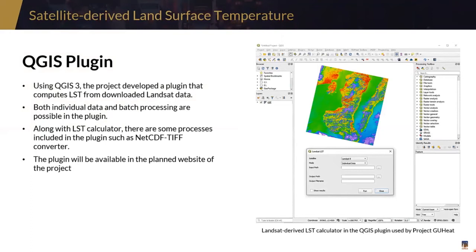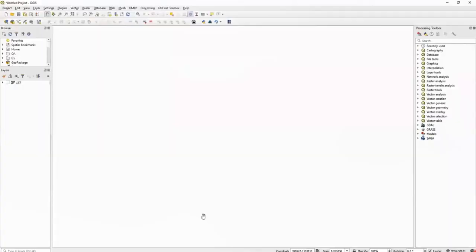But yeah, we'll be focusing on the QGIS plugin, and the plugin will also be available on the website that will be launched on the closing webinar. I also made a short demo on how to use the plugin.